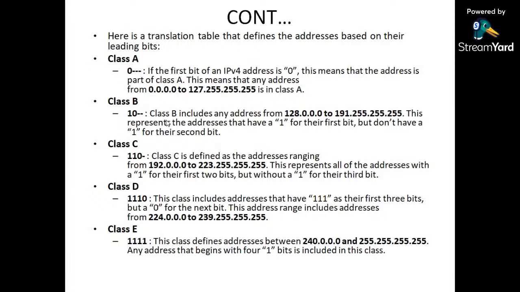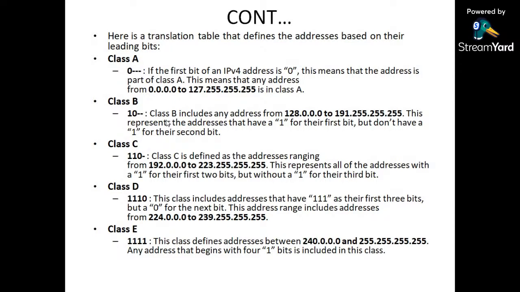Class A: the first bit is 0. If the first bit of an IPv4 address is 0, this means that the address is part of class A. This means any address in the range 0.0.0.0 to 127.255.255.255. Now class B: the first 2 bits are 10, that is, addresses from 128.0.0.0 to 191.255.255.255.